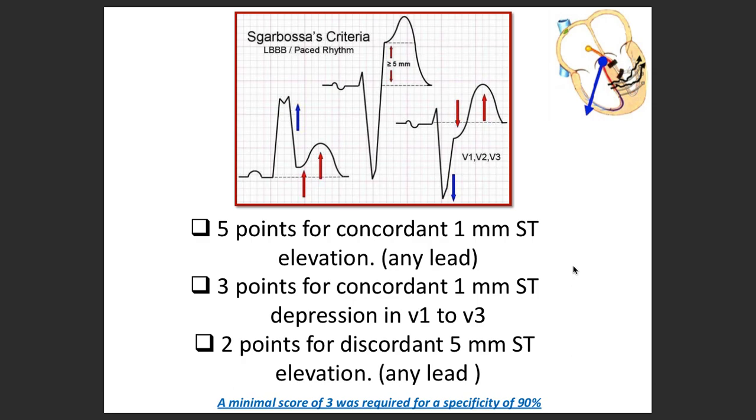If it is less than 3, you can do a delay, it's not a problem. But more than 3, you must immediately consider fibrinolytic therapy or PCI, whichever is the approach. And the higher the score, for example in this concordance, the minimum will be 5. So you must immediately think of the primary PCI criteria. Okay?